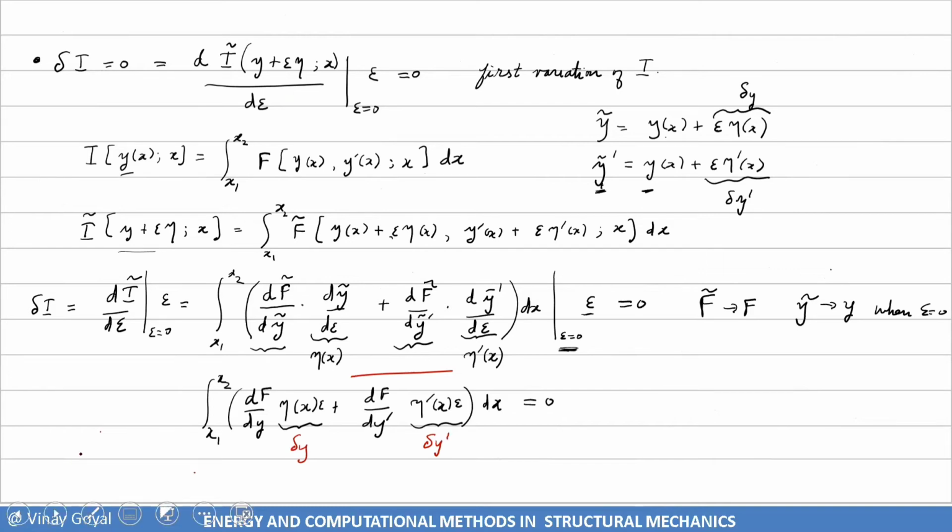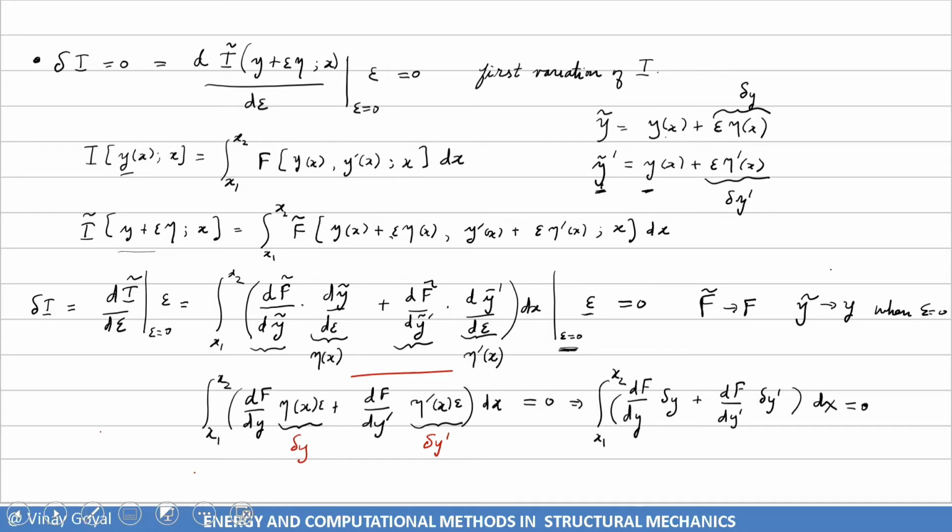So now what I have is this expression. I have the integral from x1 to x2 of the derivative of f with respect to y times del y plus the derivative of f with respect to y prime times del y prime, dx, equals 0.